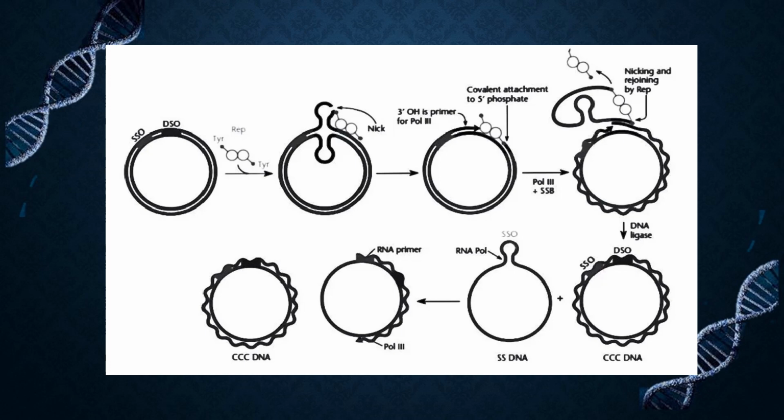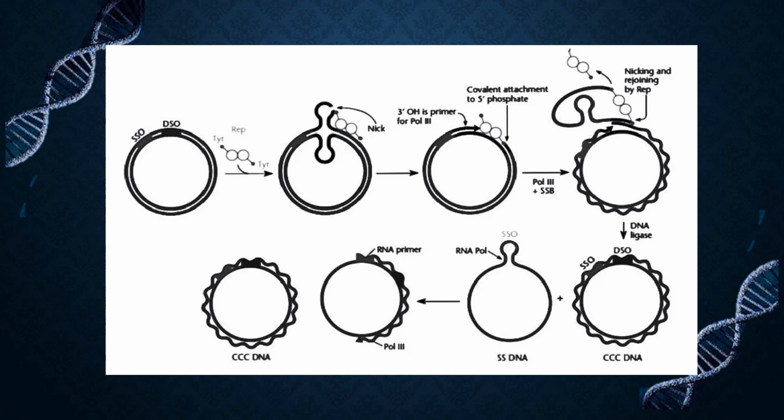The Rep protein binds on the DSO, and it physically attaches to the 5' end, and the free 3' OH is extended by DNA polymerase 3. As this replication from the DSO continues, the nicked strand is looped out and a second trans-esterification reaction occurs, and the intermediate called the replicative form is released.